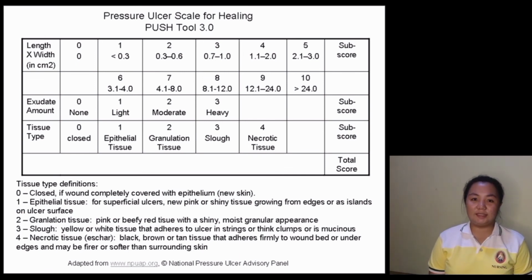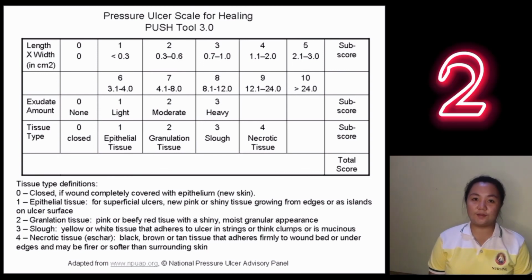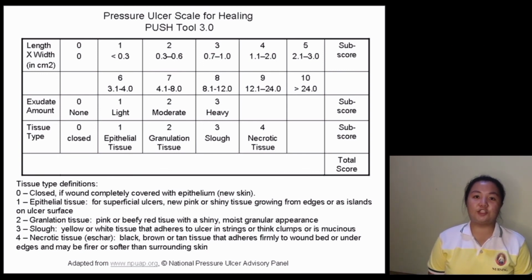If the wound is clean and contains granulation tissue, give it a score of 2. Granulation tissue is shiny, moist, and pink or really red in color. Give it 1 for a superficial wound that is re-epithelializing, where the epithelial tissue is new, pink or glossy tissue that grows in from the borders or as islands on the ulcer's surface for a superficial ulcer.